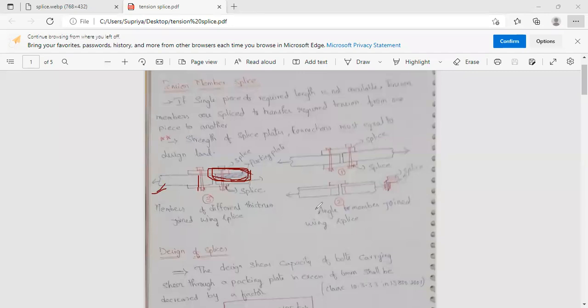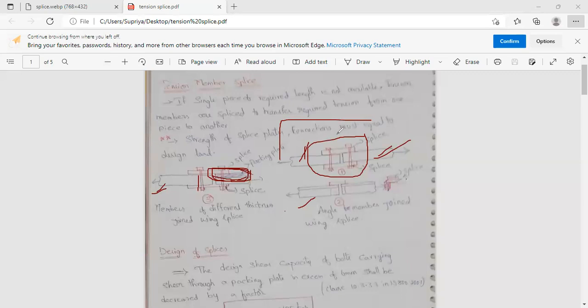First type, second type, and third type. Not the types, these are the cases that we experience while providing the tension splice. In the first case we are just joining two plates, so no problem, we will provide a double cover butt joint and join the two plates. In the second case, we are joining two angle sections. Angle section means there will be flange and web.